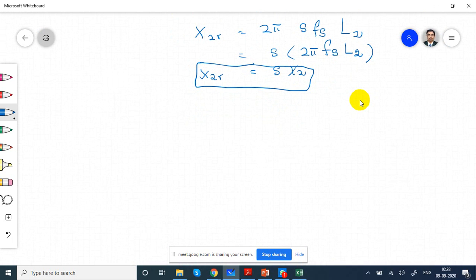And the fourth one is rotor impedance. We have tried reactance, now the impedance.